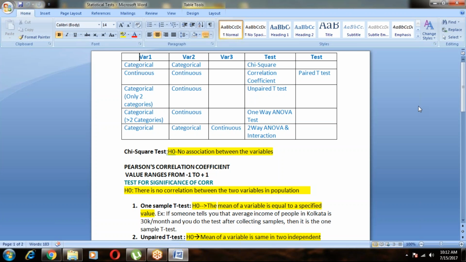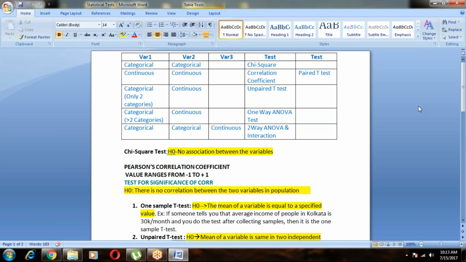Otherwise, if it is close to 0, they have no relationship or a very weak one. In this way, the correlation coefficient helps us understand whether two continuous variables are related to each other or not.